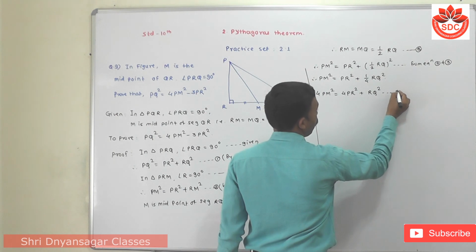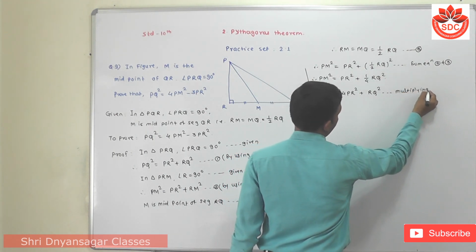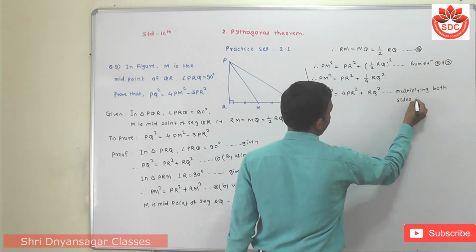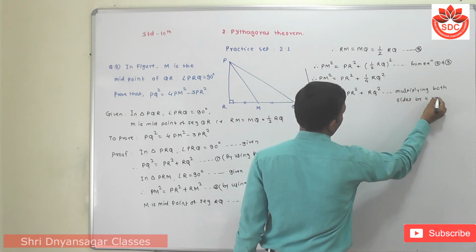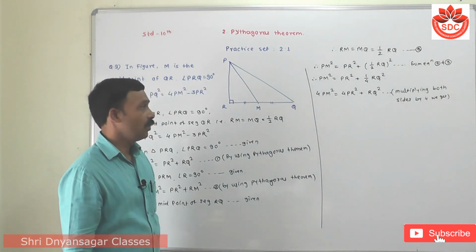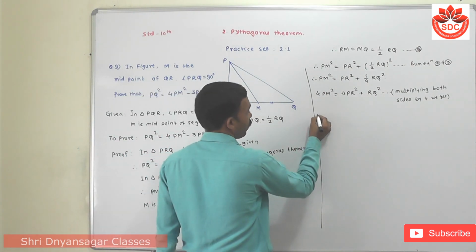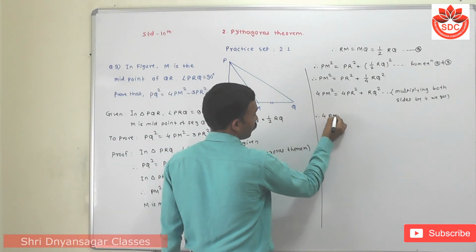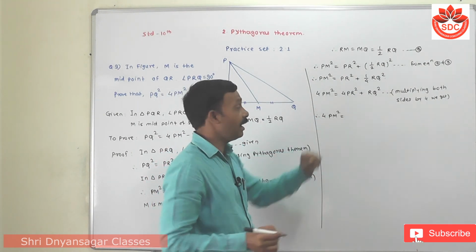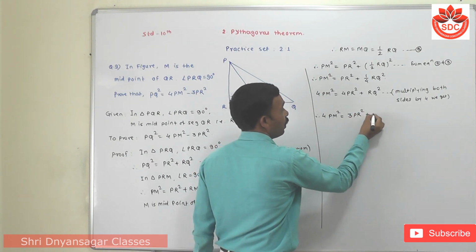Multiplying both sides by 4, we get, therefore 4 PM square is equal to this 4 PR square, which we write as 3 PR square plus 1 PR square.